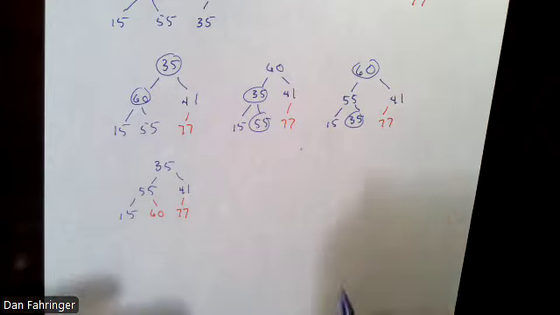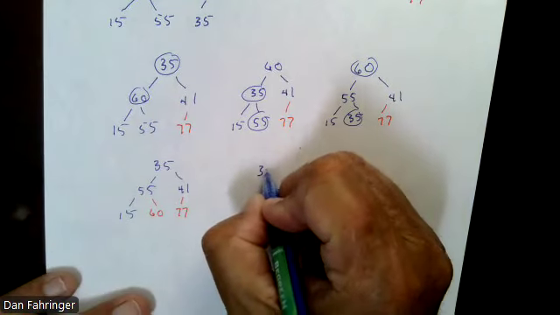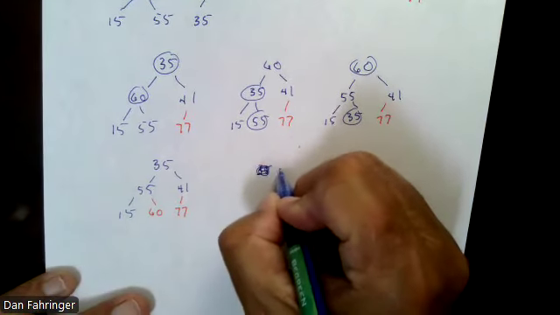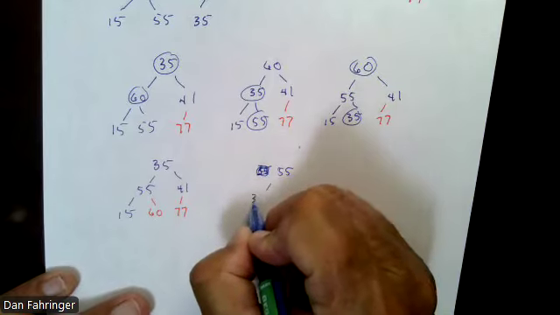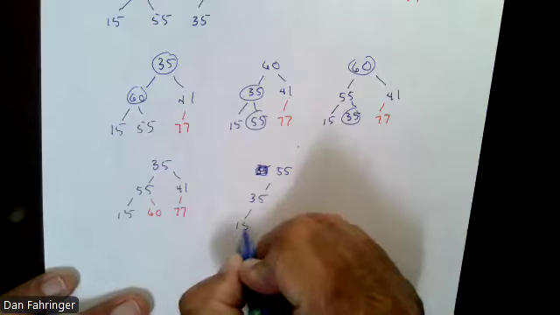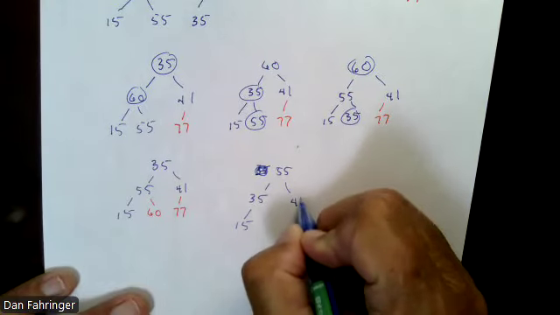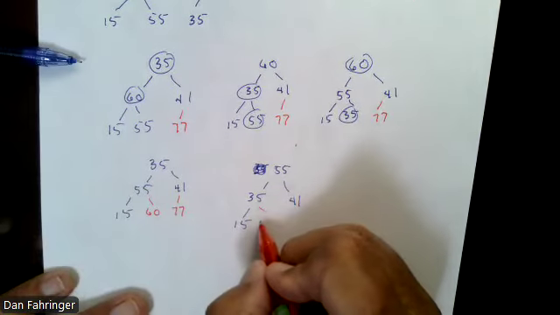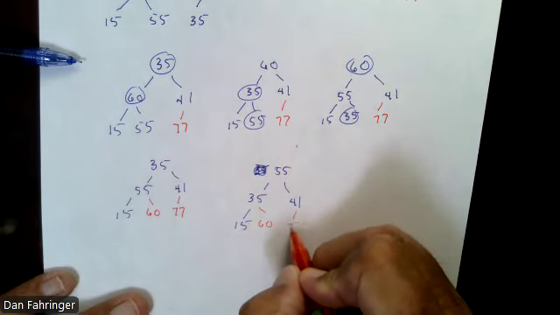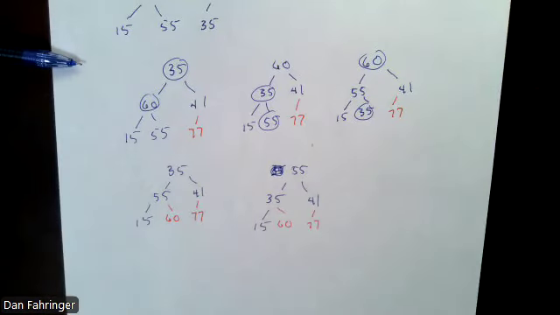Looks like all I have to switch is 55 and 35. 15 stays there. Here's 41, here is 60, and here is 77. I have a heap. So now I swap, then I heapify.